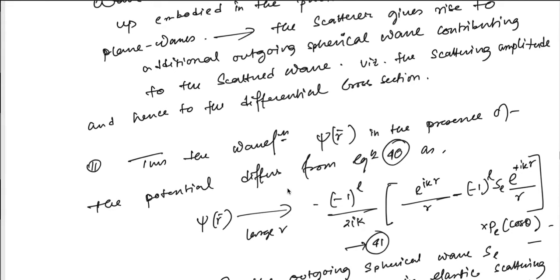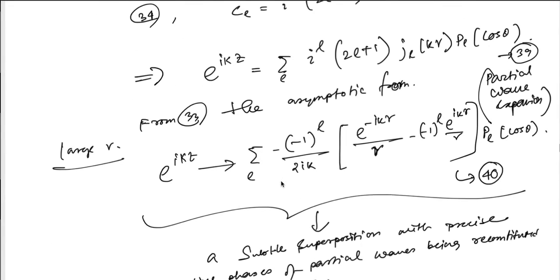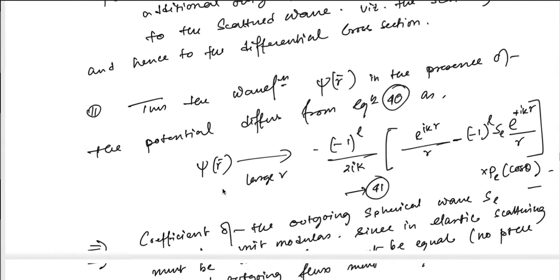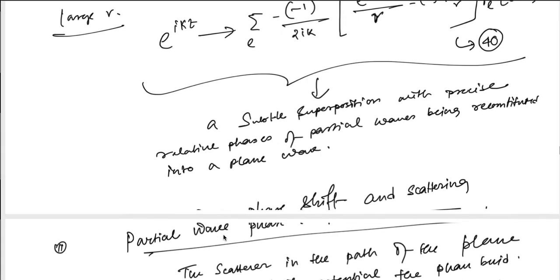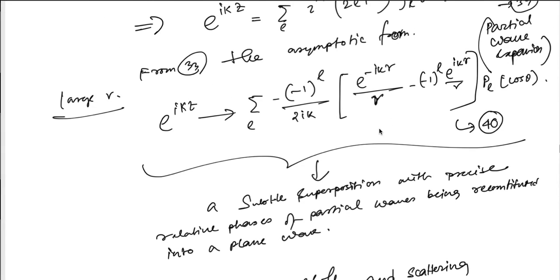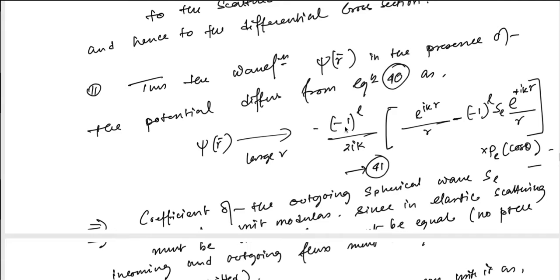The wave function psi(r) in the presence of the potential will be defined from this equation 40, because it will no longer be just e to the power ikz, and we want to find out what that difference is. We modify the outgoing wave from this particular form to be this: minus (-1) to the power L 2 i k, e to the power ikr, minus (-1) to the power L S_L e to the power ikr by r.